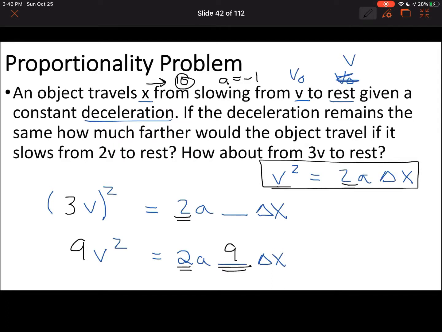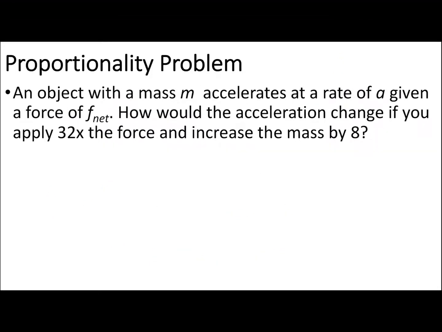Then make the initial speed 20, keep the acceleration the same, and you will find, solving the equation the second time, that it will go 4 times as far. If we triple it, we change the initial velocity to 30, keeping the acceleration the same, we will find that it goes 9 times as far as it did in our initial case.